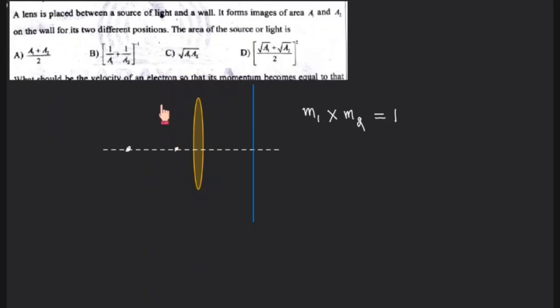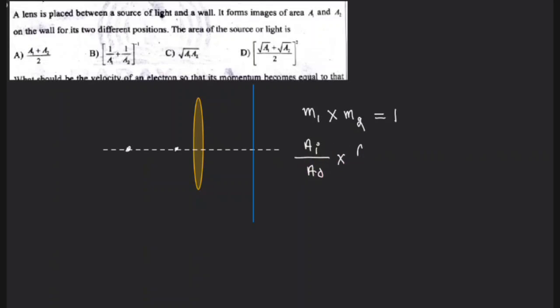So here, instead of taking a lateral displacement, we will take it as an aerial displacement. Instead of taking lateral magnification and longitudinal magnification, here we will take aerial magnification. The aerial magnification is size of image by size of the object.